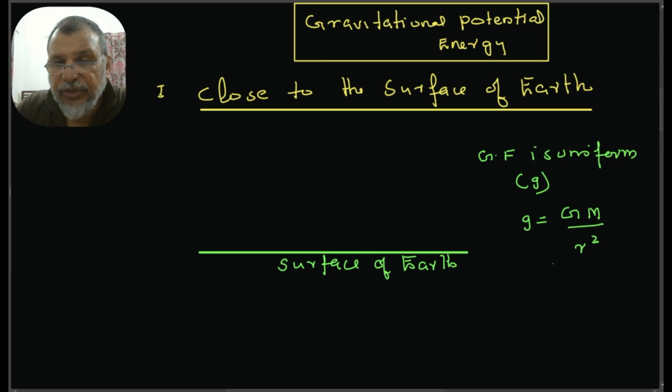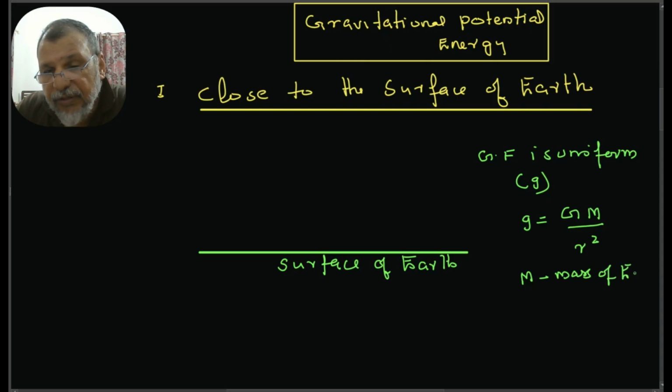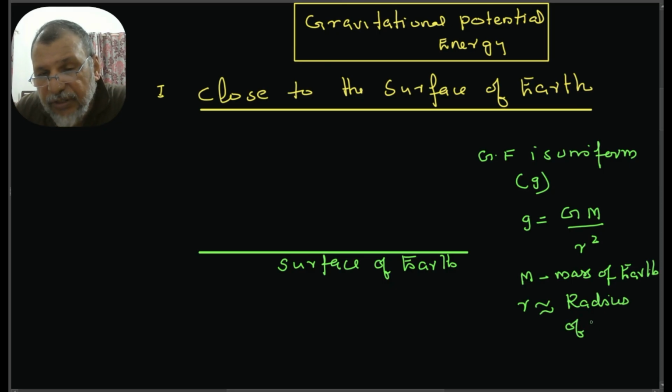And if you substitute here, G is the universal gravitational constant, m is the mass of Earth, and r is approximately the radius of Earth.